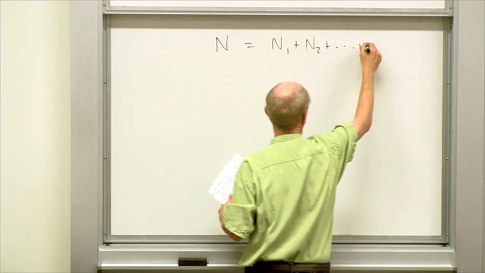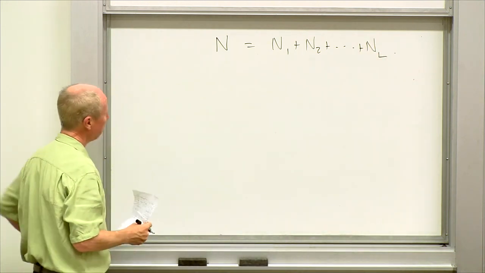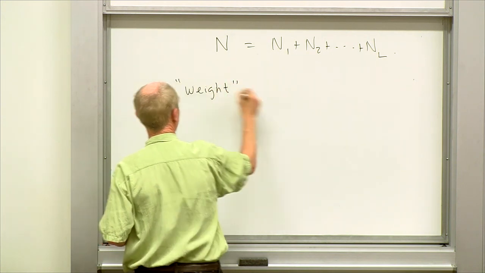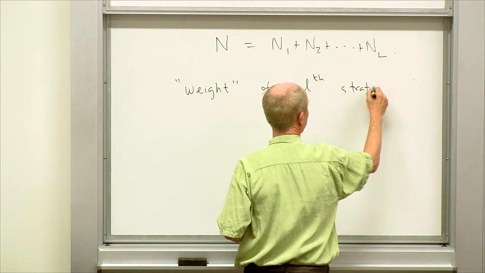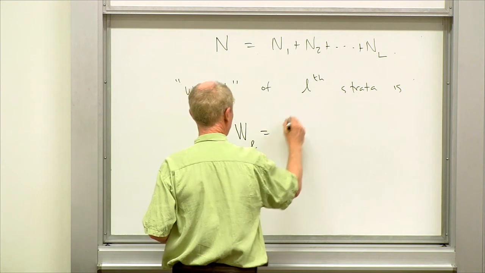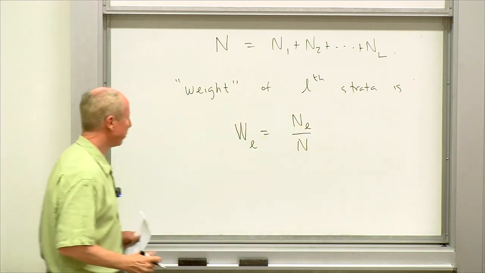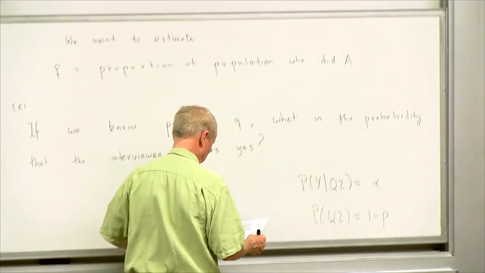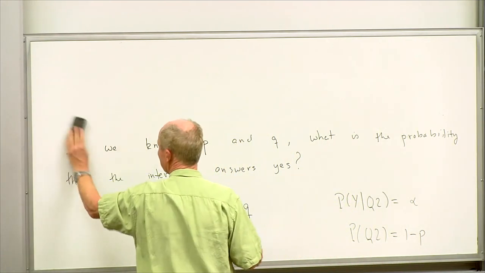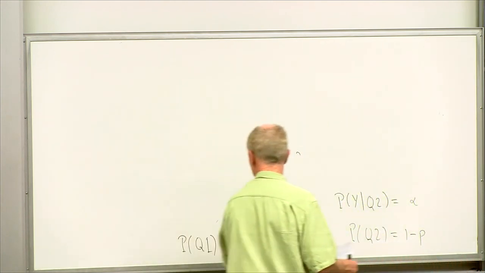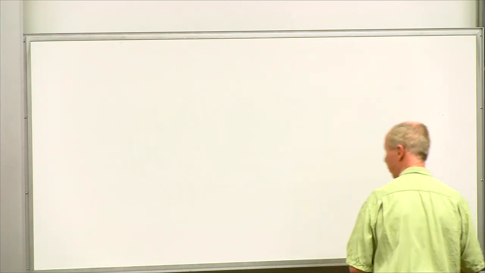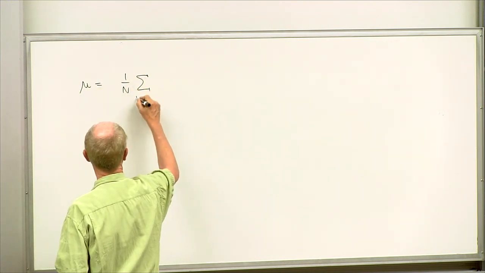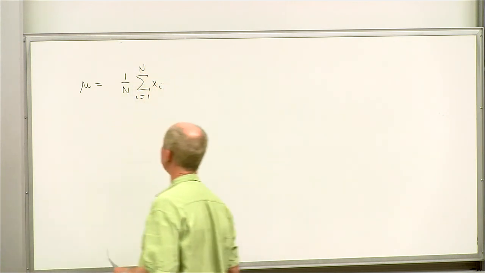Total population is the sum of the numbers in the various strata, and the weight of the nth strata is just the proportion of the population that's in the nth strata. As before, the population mean is this.